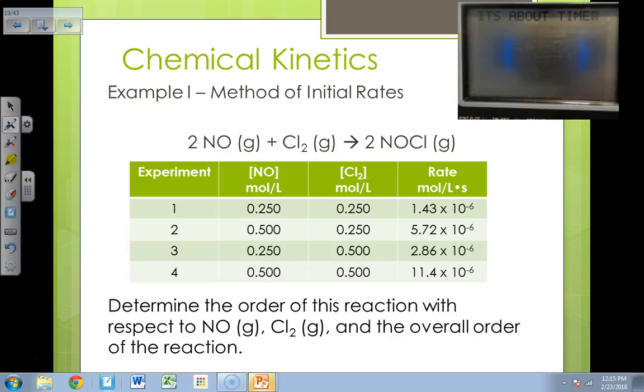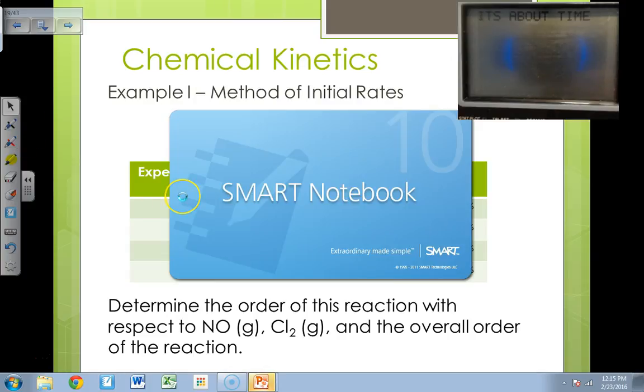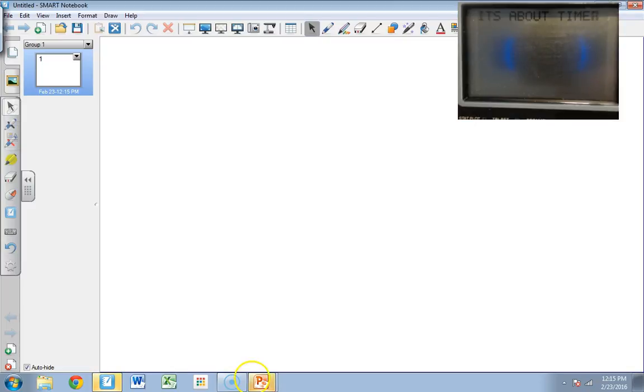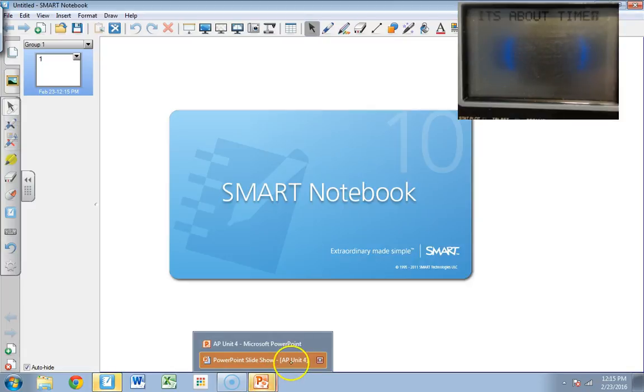So, let me interpret the data for you a little bit. What we are doing is we're doing one experiment, or we're doing the same reaction 4 different times. Okay, that's kind of what we're looking at here.